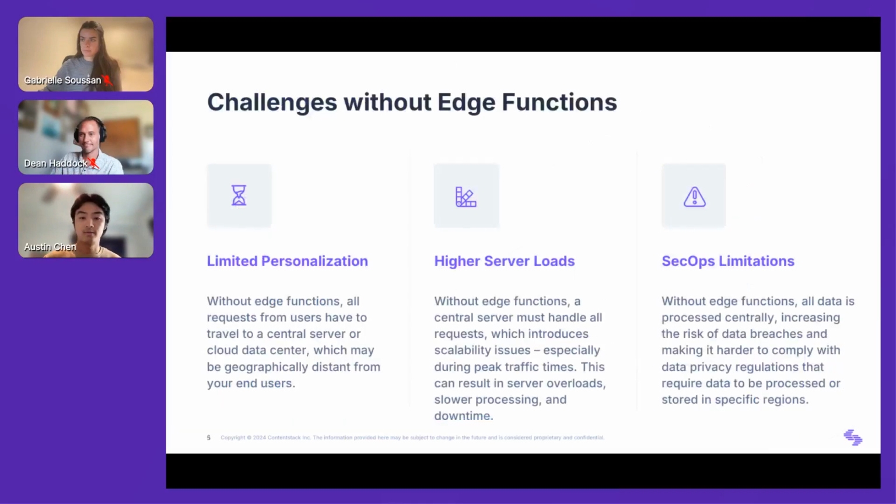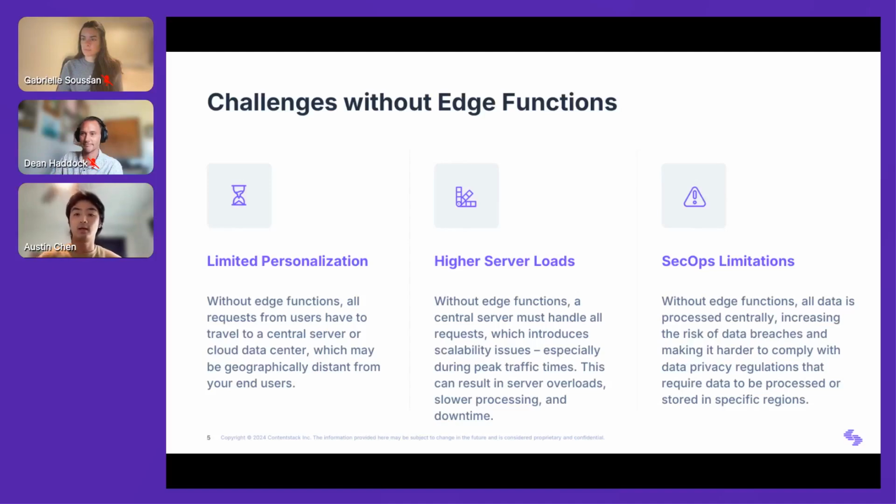All right, so before we dive into the edge functions piece, I wanted to set the stage with some of the potential drawbacks, or what life might look like without edge functions. So first off, limited personalization. Without edge functions, a lot of the requests from users have to travel through a central server or a cloud data center, which might be geographically distant from the end users.